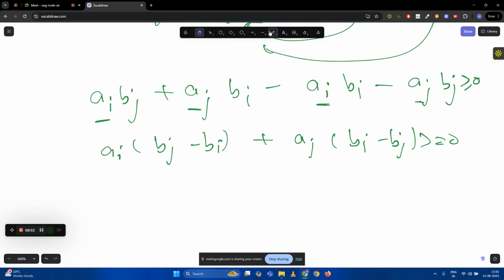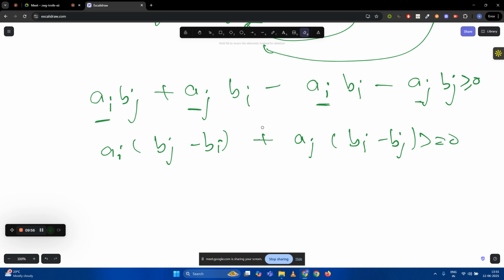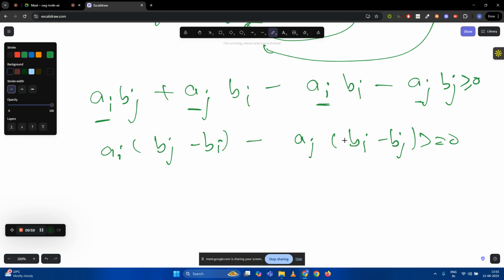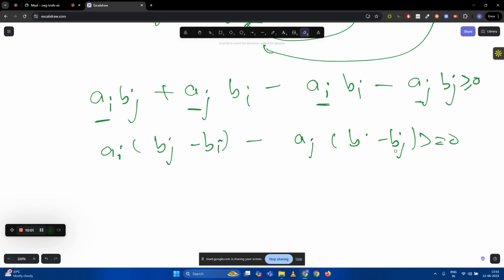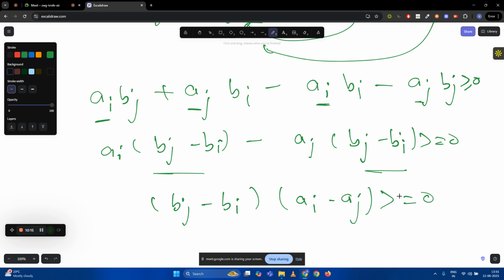Now let me take this as common, so I am putting minus here. When I put minus here, it will be Bj minus Bi. Taking Bj minus Bi common, we get Bj minus Bi times Ai minus Aj, greater than or equal to 0.